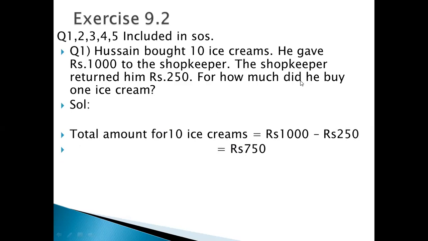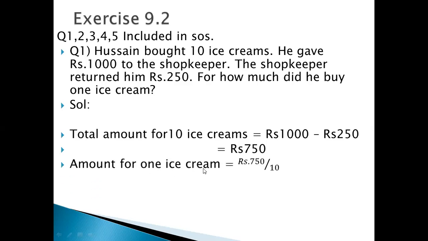Now the question is how much did he buy one ice cream for? So we are going to find the price of one ice cream. Remember one thing: when you have to find the price of one thing, the total price is divided by the total number of items, so you will get the price of one item.